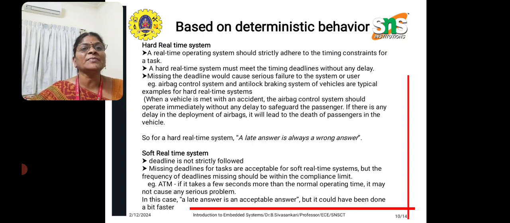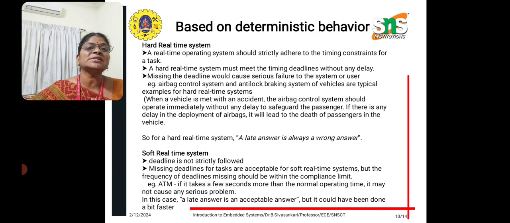A late answer is always a wrong answer. For example, when a vehicle meets with an accident, the airbag control system should operate immediately without any delay to safeguard the passenger. If there is any delay in the deployment of airbags, it will lead to the death of the passenger in the vehicle, right? And in a soft real-time system the deadline is not strictly followed.